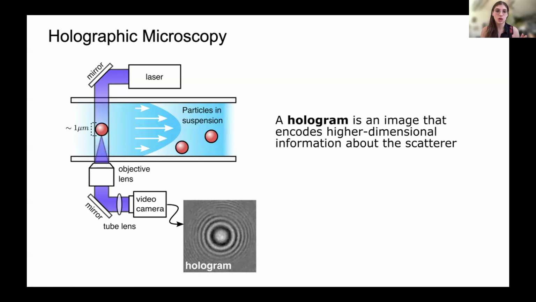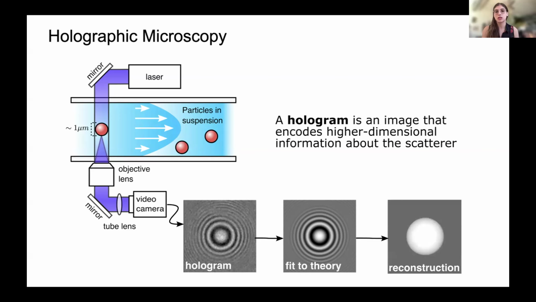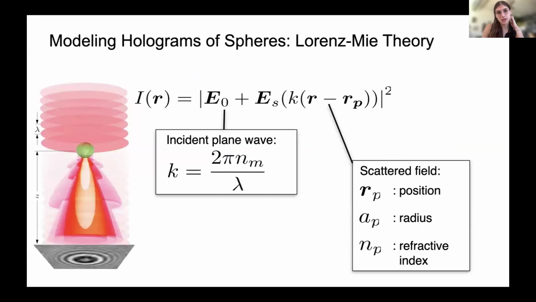So we take this hologram, this light scattering image, and we fit it to a theory of light scattering to produce an artificial hologram, the best fit artificial hologram. And then we use that fit, which contains fitting parameters, to reconstruct a 3-dimensional object that produced the scattering pattern. When we fit these holograms to a theory, we are typically talking about the Lorenz-Mie theory of light scattering for spheres.